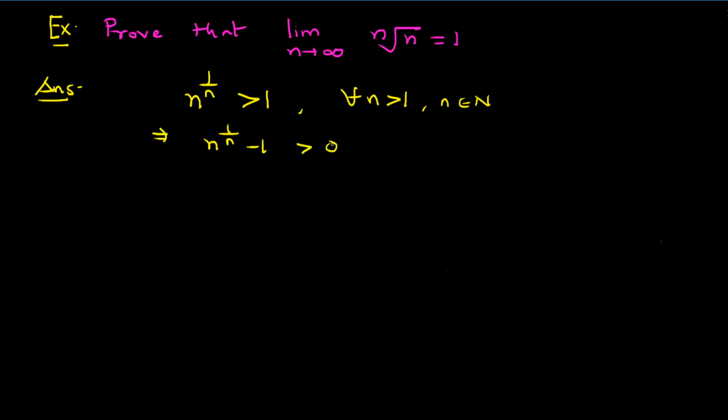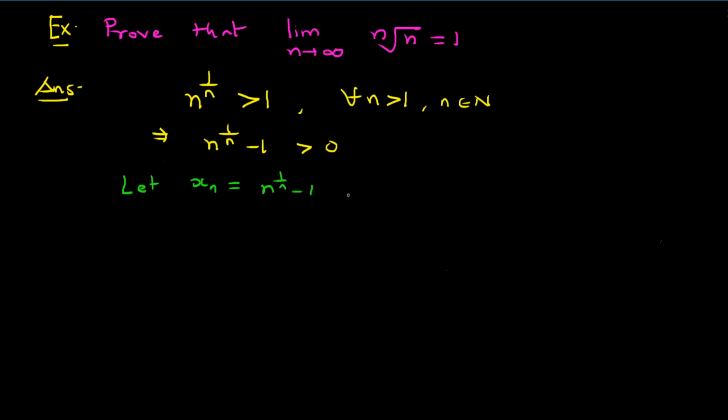Okay, so to prove this, I will be defining a sequence whose nth term is n raised to 1 upon n minus 1. So let us put say xn is equal to n raised to 1 upon n minus 1.